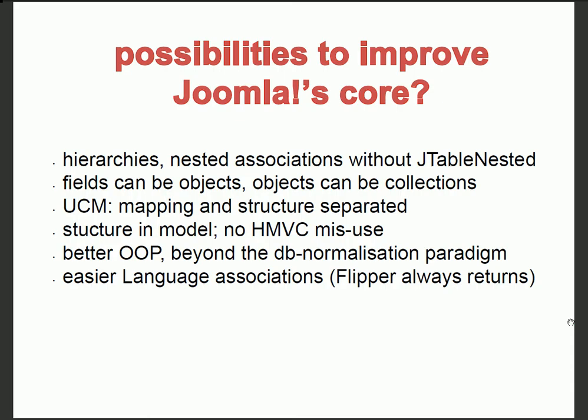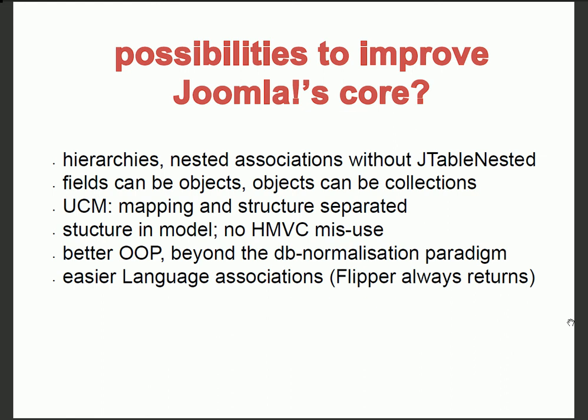So are there any possibilities from what I learned to improve Joomla's core? Yes, really. You know that those hierarchies and nested associations that you would otherwise do with table nested, I think they can be much more clear and much more obvious when you model that structure in your model. And fields can be objects, and those objects can be collections of other objects.